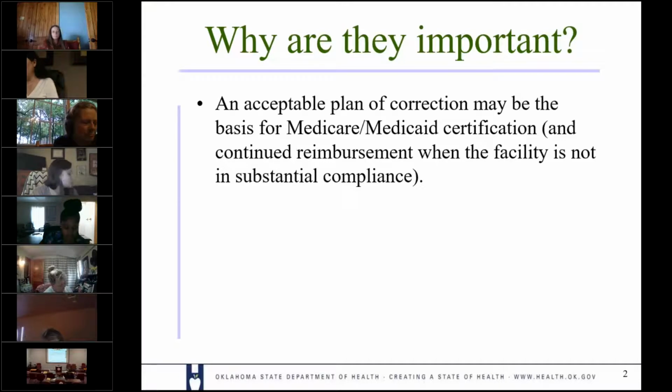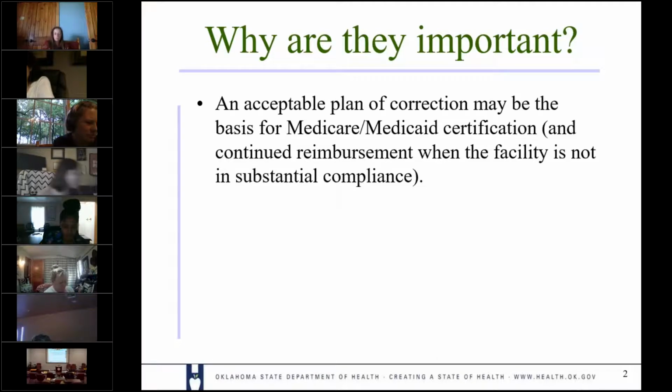It also helps us at the state level, if they go back and do another survey on the same cycle, to know they've already got this plan of correction accepted, and that way we know what's going on in the middle of the cycle.